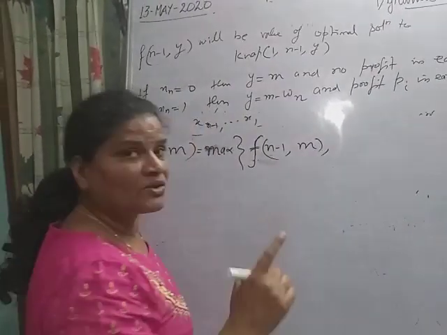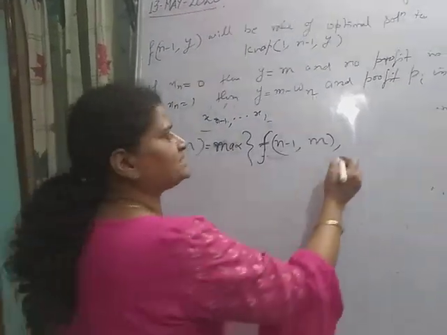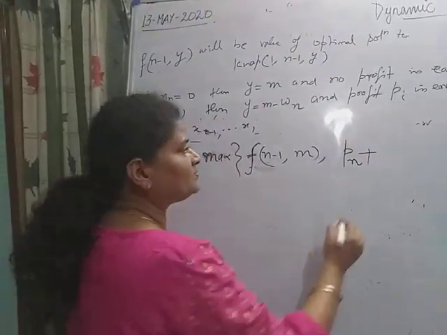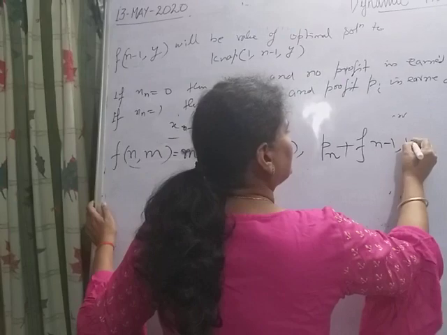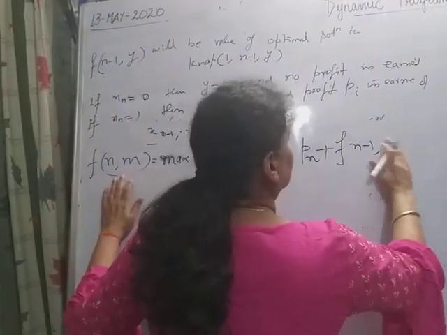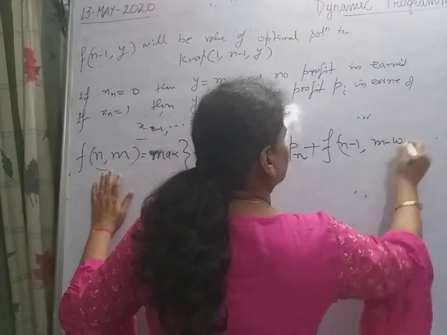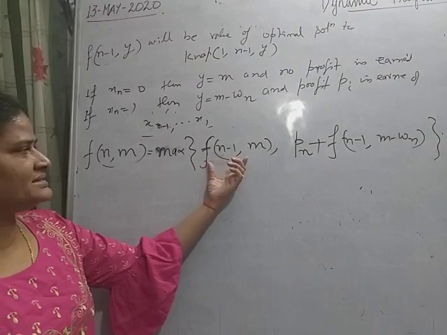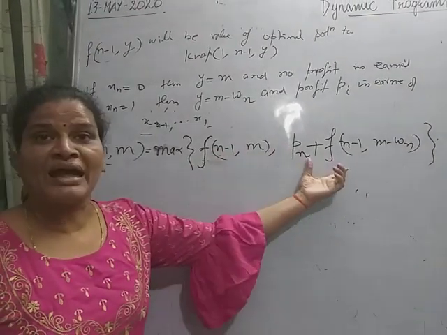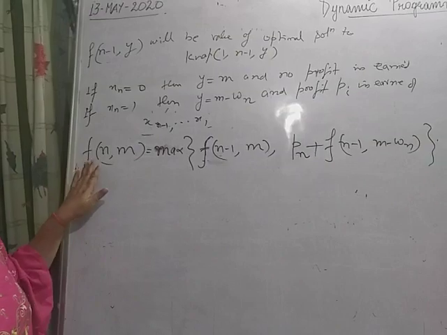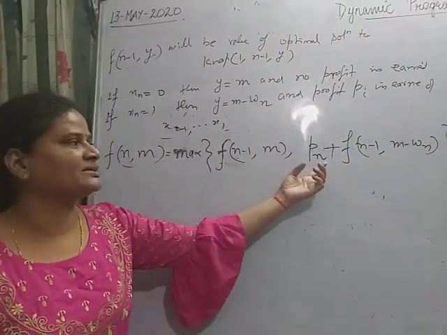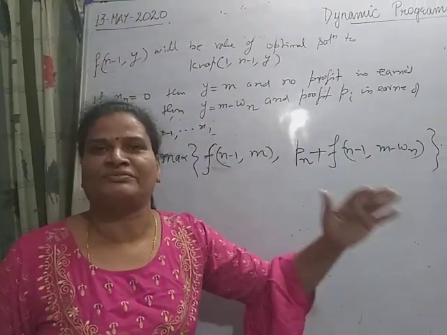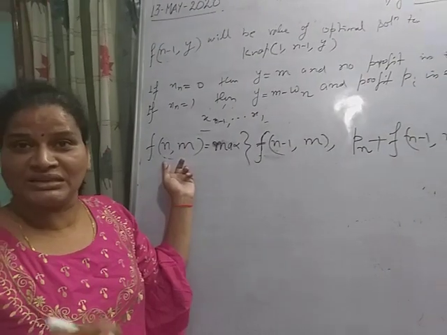Now if the nth object is included, then the profit Pn is earned plus the value of the optimal solution f n minus 1 of m minus Wn. This is the recurrence relation. We have to find the maximum of these two, whether the nth object is excluded or included. Again we solve f n minus 1 in this way; we can solve f1, f2, f3 and so on up to fn m in the bottom up approach.